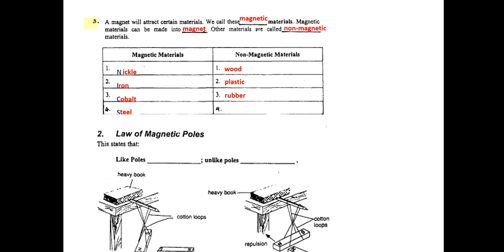Some students may still have the misconception that all metals are magnetic, that all metals can be attracted. That's why I leave the point blank for a while, to let you think: are there things that are metals but yet cannot be attracted by a magnet?